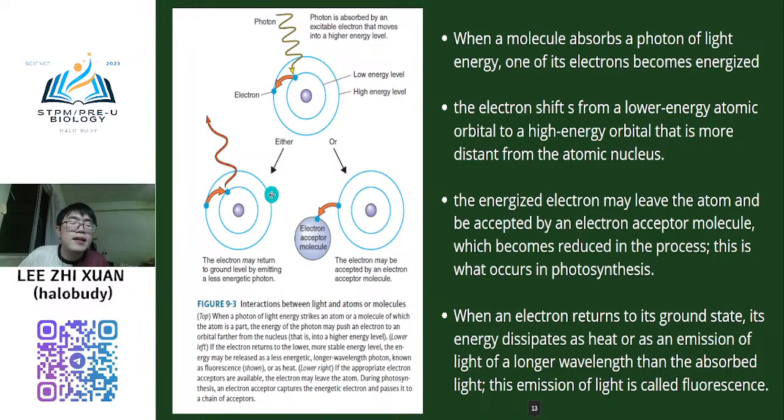We know that the excited state is not very stable, so it will easily return to its ground state, and it will release energy when it returns to the ground state.